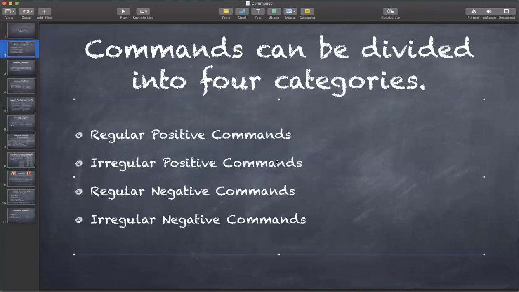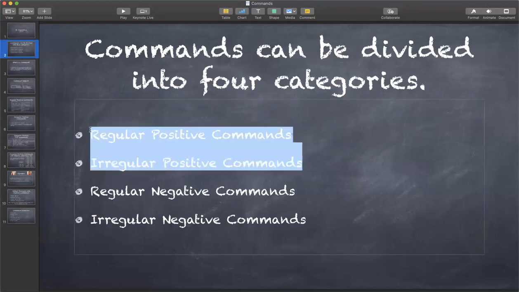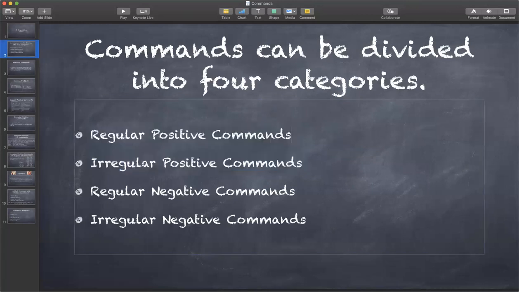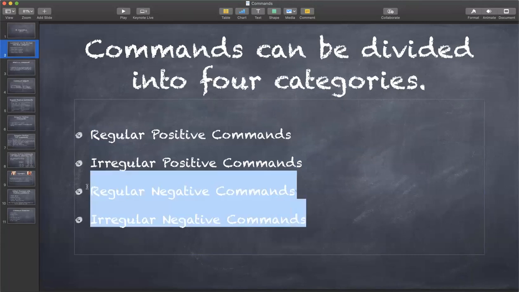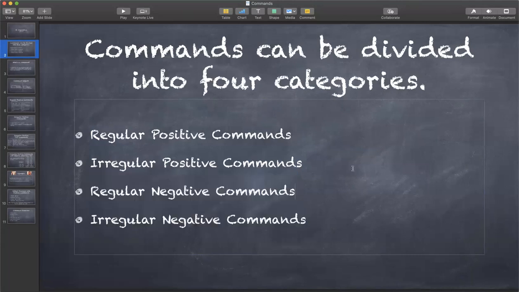Today we're just going to talk about these two, the regular positive commands and the irregular positive commands. There are also regular and irregular negative commands, but I'll save that one for another time.